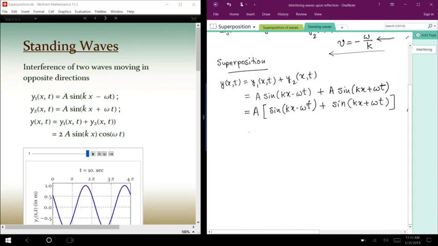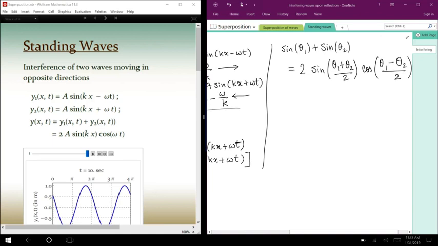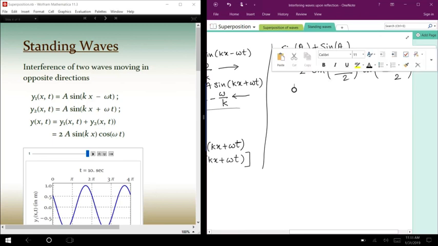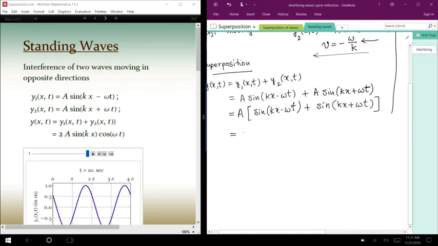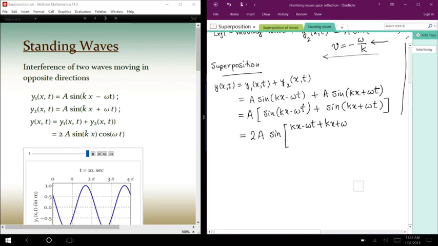First there will be a factor of 2, and this factor of 2 is coming from the formula over here. So if I put that in, I get 2A, and then the first function is a sine, so inside the sine we add the two phases together: (kx minus omega t plus kx plus omega t) divided by 2.